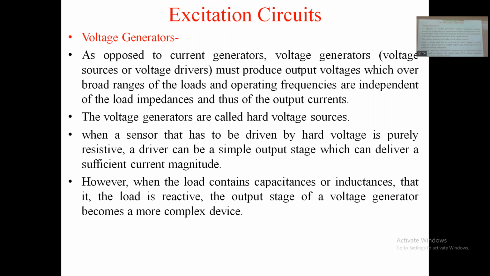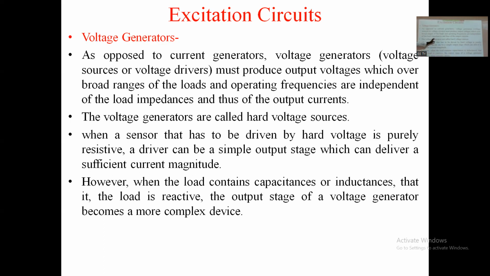Next device is the voltage generator. As opposed to the current generator, the voltage generator is again an excitation device, which is opposite to the current generator. A voltage generator, also called a voltage source or voltage driver, must produce the output voltage over a broad range of the load and operating frequency, independent of the load impedance and thus independent of the output.